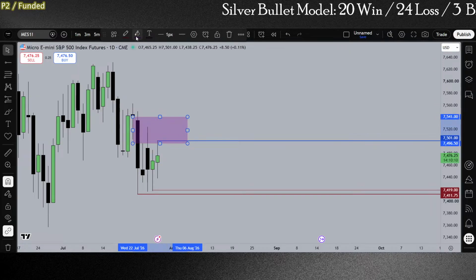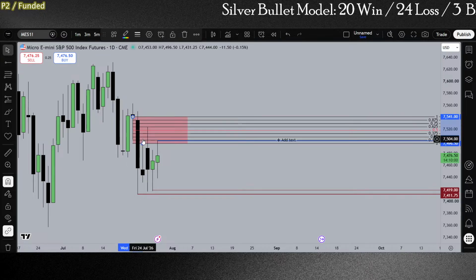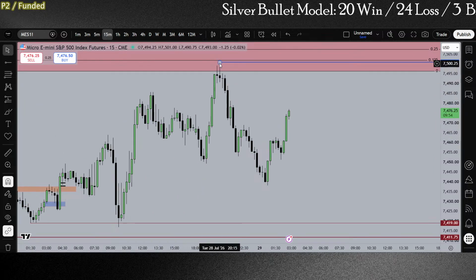We do have a premium array in here on the daily chart. Sell-side theoretical lows were taken. Price used this little fair value gap and is attacking higher strongly.